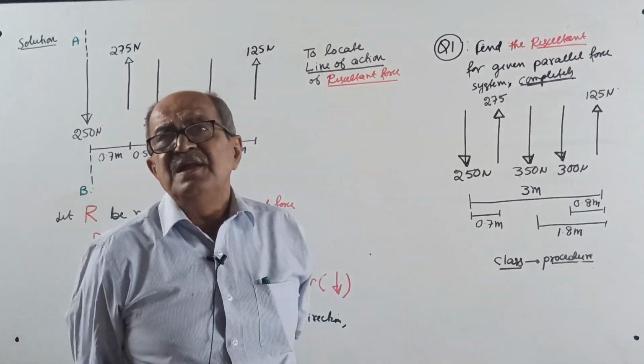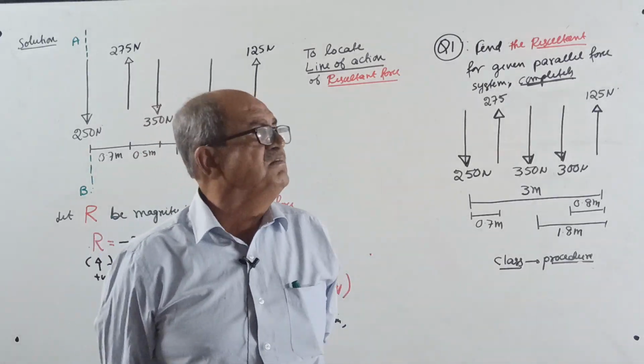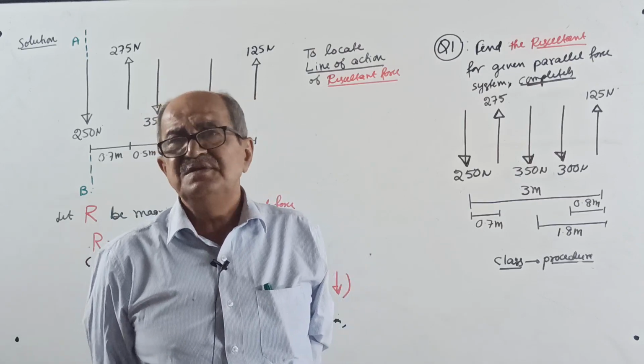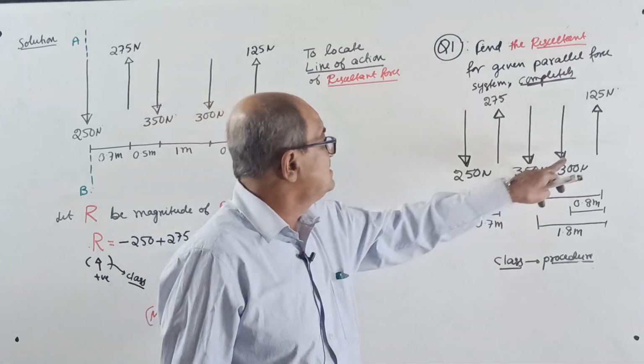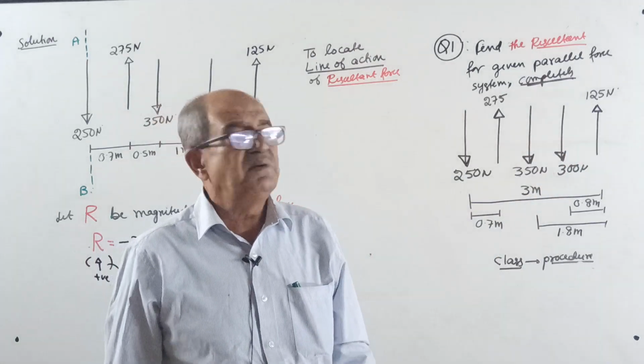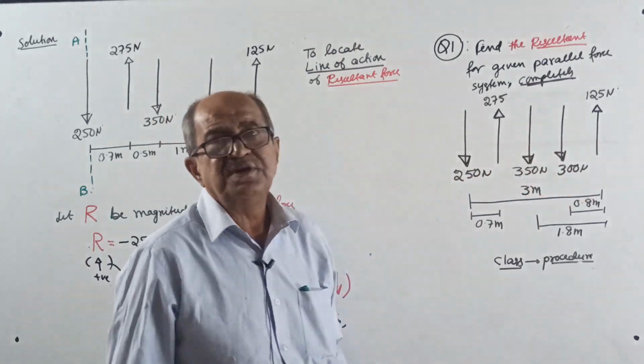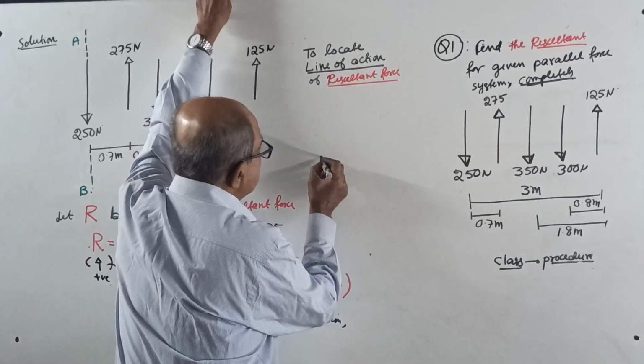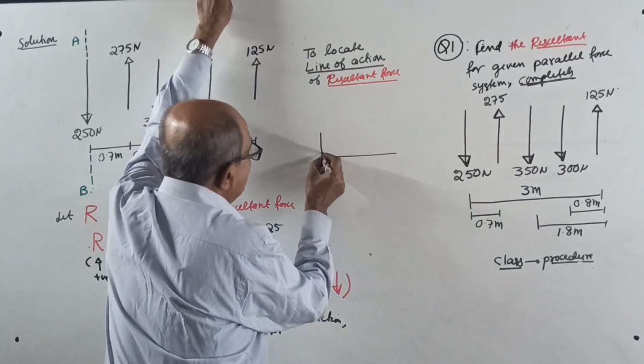Procedure for finding the resultant for a parallel force system, whether like or unlike, general procedure. First check: is it a parallel force system? Yes, it is. In between, I will deliberately solve an extra question.